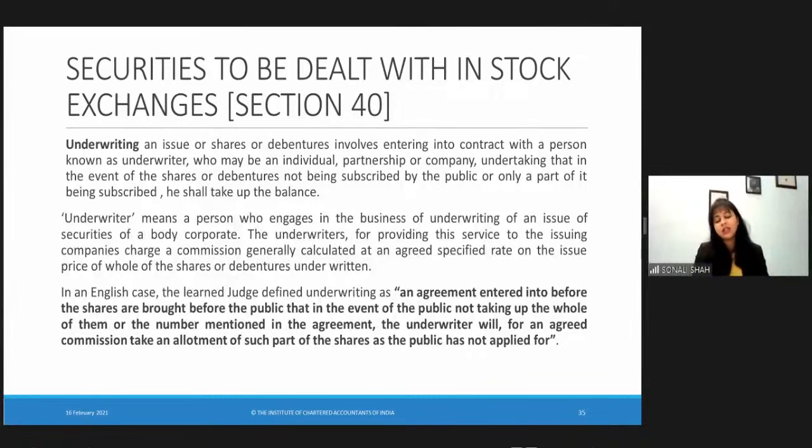How much they will subscribe, whether all the shares, or the minimum number, whatever is left behind, or a certain percentage of shares, depends on the terms and conditions of the agreement entered between the company and the underwriter, right? So this entire concept of underwriting is to give the company the confidence that their public offer would be a success.